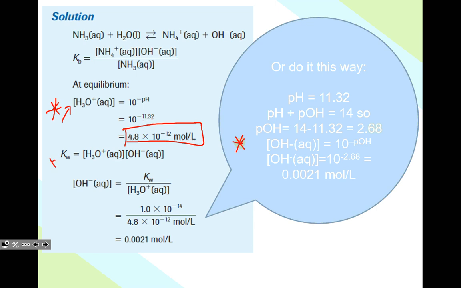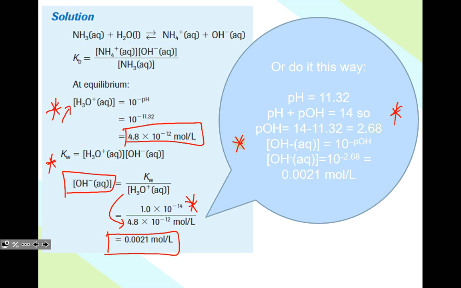And then we use Kw. Kw is equal to your hydronium ion concentration multiplied by your hydroxide ion concentration, right? If I manipulate this formula, the hydroxide ion concentration is equal to Kw over your hydronium concentration. Remember, Kw is 1.0 times 10 to the negative 14. Take that over 4.8 times 10 to the negative 12, which is your hydronium ion concentration, and you get a concentration of 0.0021.